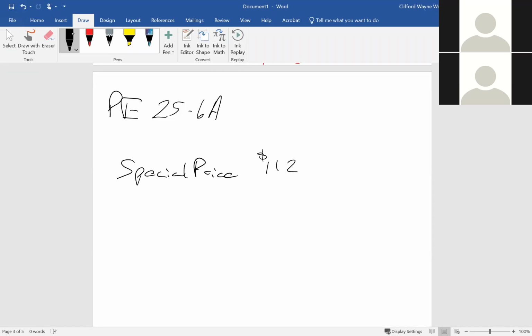But we want to see what the additional costs are. So we have our variable costs, which were $80. And we have that additional export tariff of 30%.